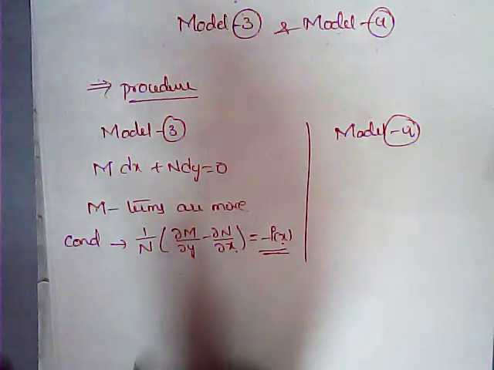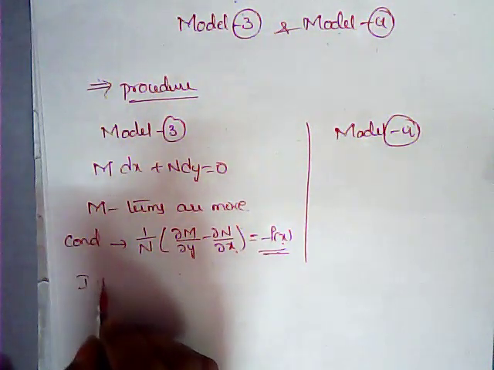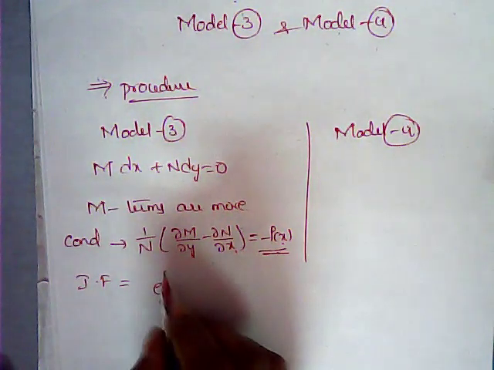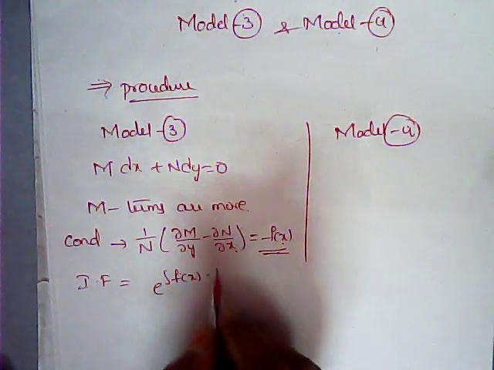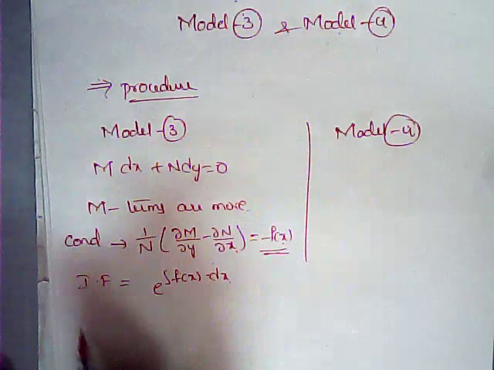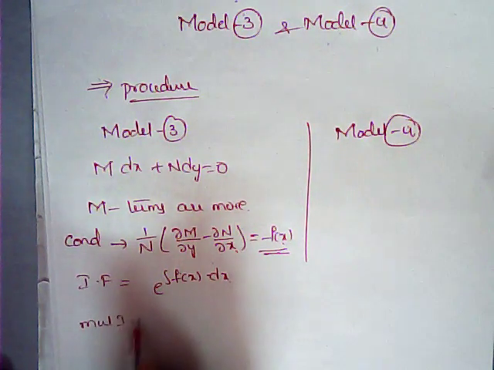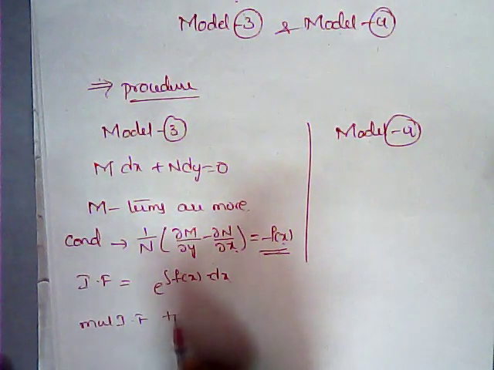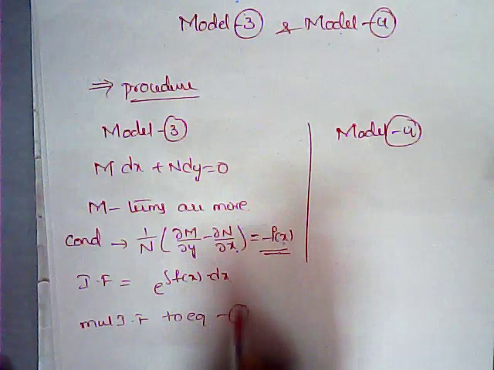After getting the function of x, you go with the integrating factor e power integral f of x into dx. After finding the integrating factor, we multiply it with the given equation, which is equation 1.